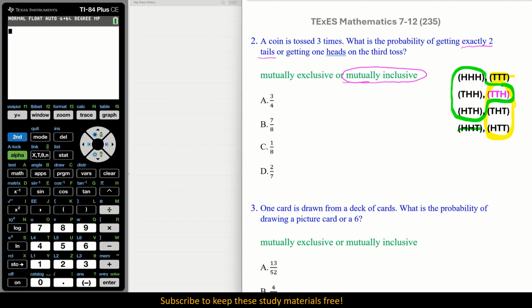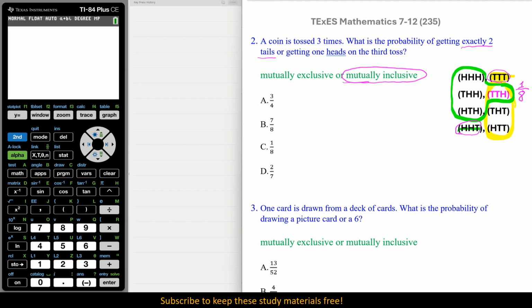It doesn't matter that we have 2 situations that do not apply here: heads, heads, tails, and tails, tails, tails. They're still part of the total outcome. Now, our repeat is 1 out of the 8. That's what we're going to have to subtract in the end.